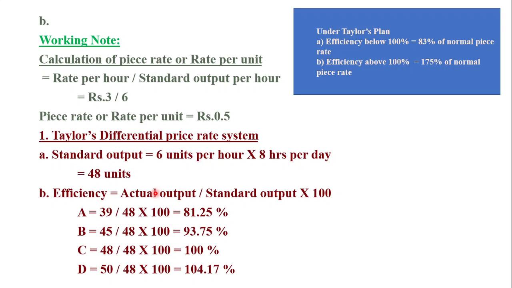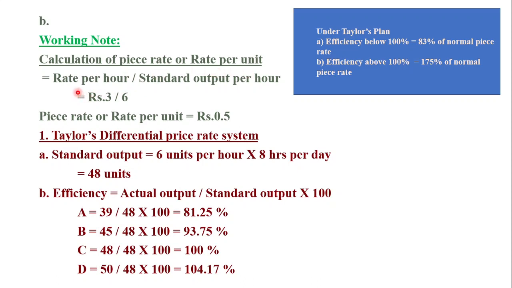There are four steps to calculate under Taylor's and also under Merrick's differential piece rate system. Before that, we should calculate the piece rate or rate per unit.